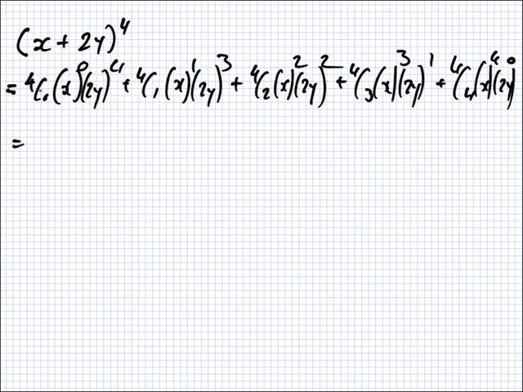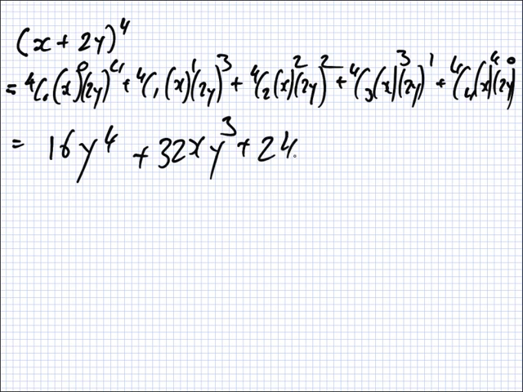So what's 4C0? That's 1, 1, 2, 4, 16y^4. Okay, 4C1 is 4, 4 times 8, isn't it 32? 32xy cubed. Okay, what's 4C2? 6, 24x squared y squared. 4C3 is 6 again, is it? No, it's 3, yeah. So 6x cubed y. And then the last one is x^4.